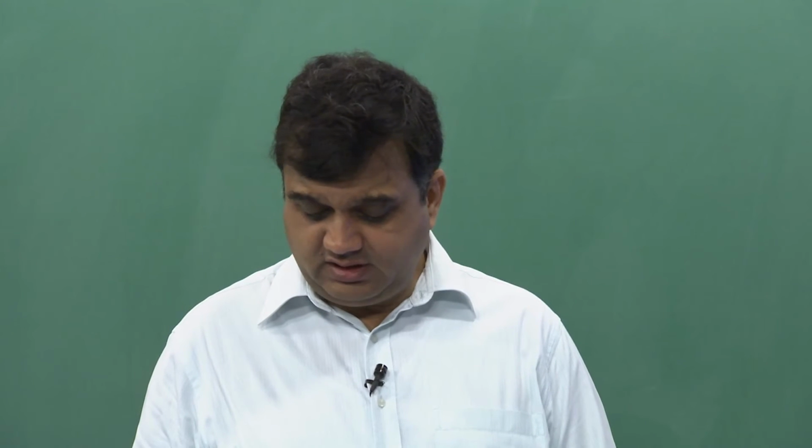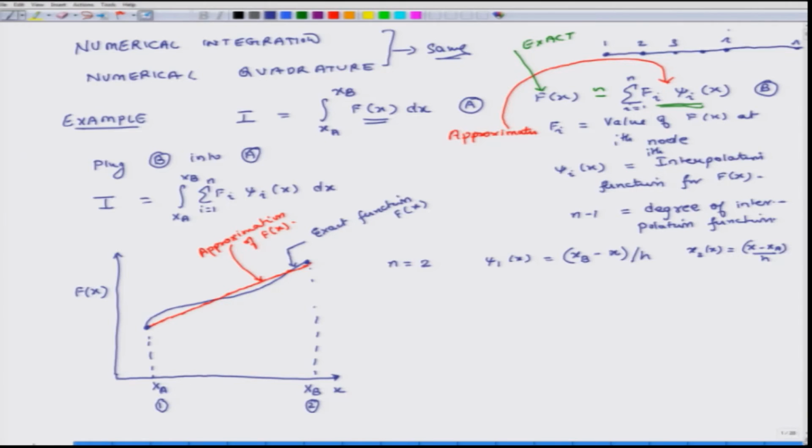So, psi 1 is associated with node 1, and that is why when I put x is equal to x a, its value comes as 1, because x b minus x a, I am defining as h, which is the length of the element. So, its value is 1 at node 1 and at node 2 its value is 0. Similarly, for psi 2 its value is 1 at node 2, but 0 at node 1.